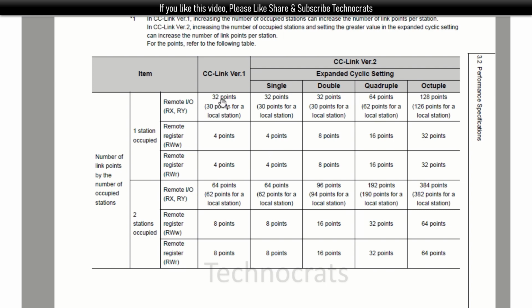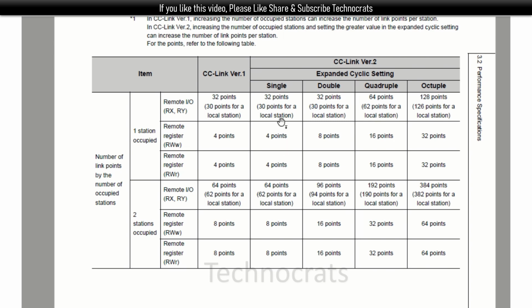But the difference here will be when we are configuring as a remote IO, then only Rx and Ry will be occupied and Rww and Rwr will not be used in this version 2.